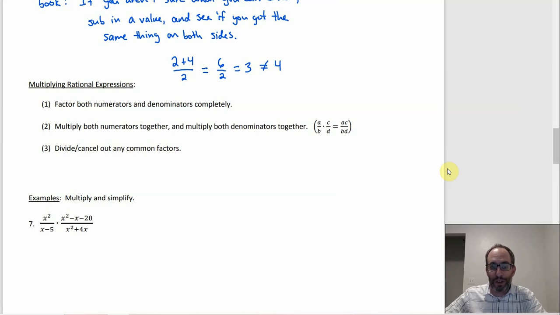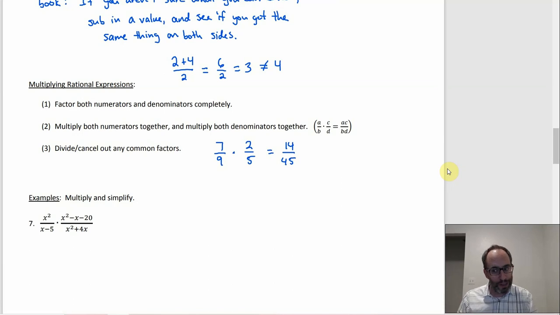So factor everything. Then when you multiply two fractions, like if you had to multiply 7/9 by 2/5, then you'd say, well, it's 14/45, right? Because when you multiply two fractions, you multiply the numerators together and you multiply the denominators together. Same thing.